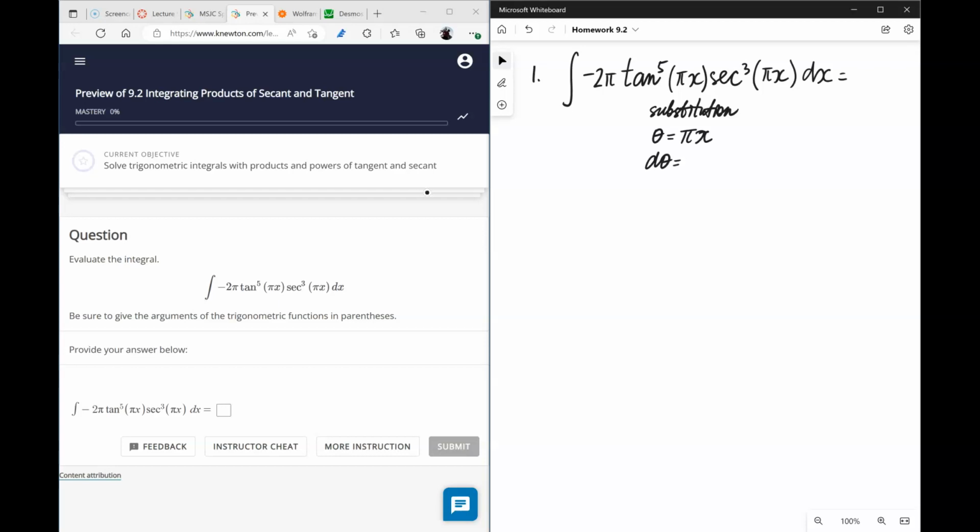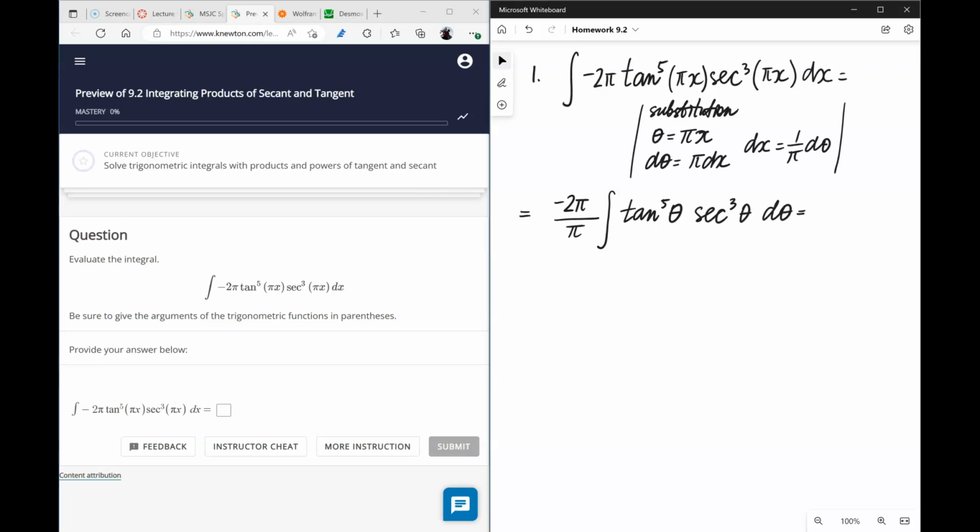So d theta will be pi dx. Therefore, dx will be 1 over pi d theta. And my original integral now becomes, I take out negative 2 pi, and then when I replace dx with 1 over pi d theta, 1 over pi can also come out. And what we have inside is just tangent to the power 5 of theta times secant to the power 3 of theta d theta.